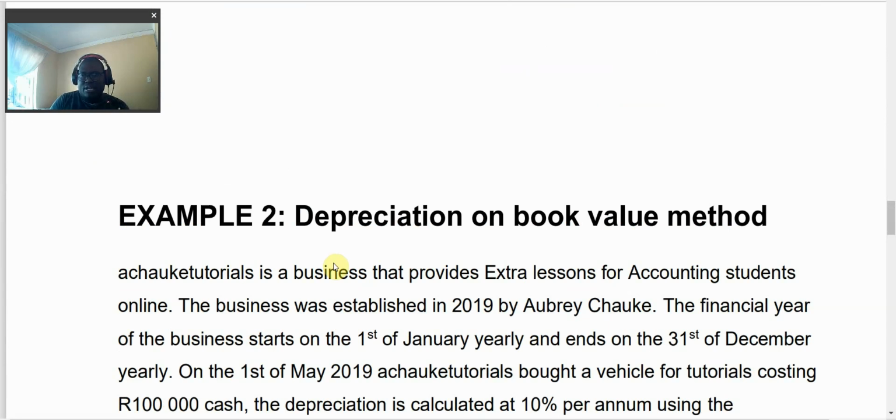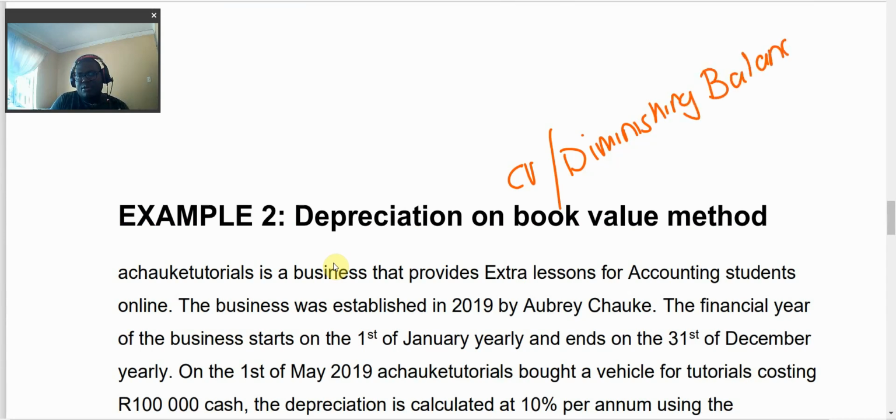Depreciation on the book value can be book value, carrying value, also they can say diminishing balance. They like this one. It's either diminishing balance method or carrying value method, or even book value.